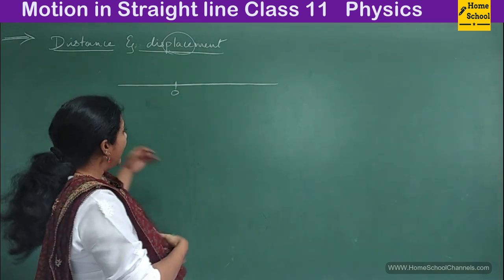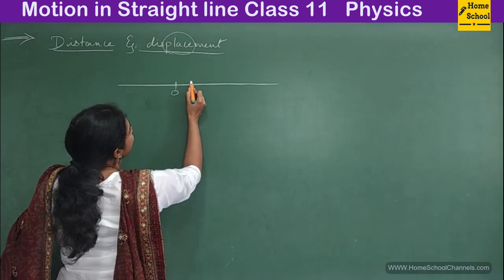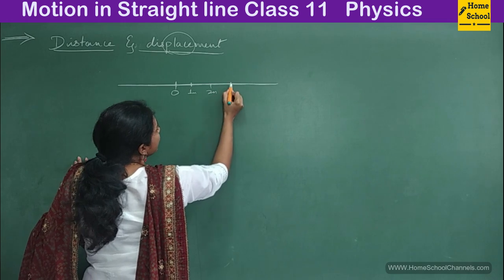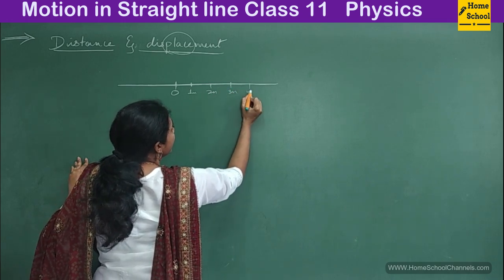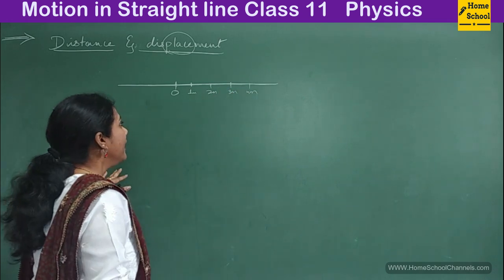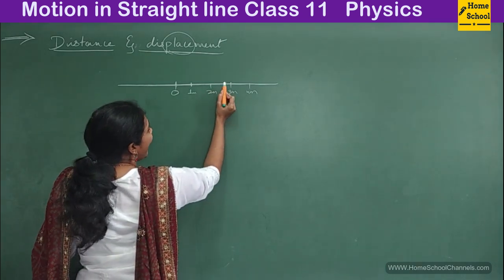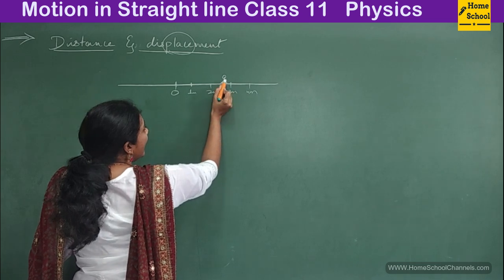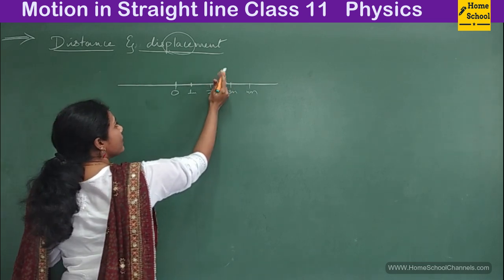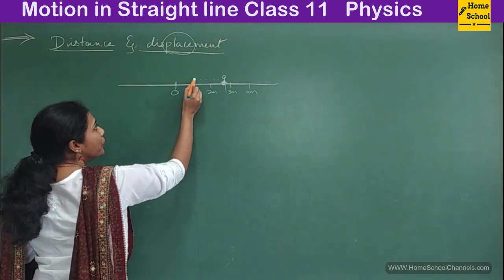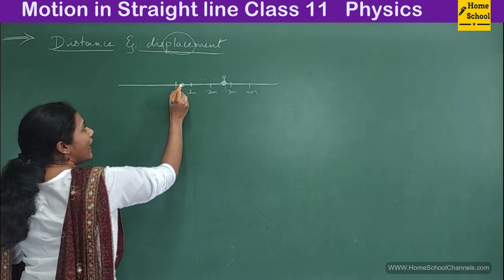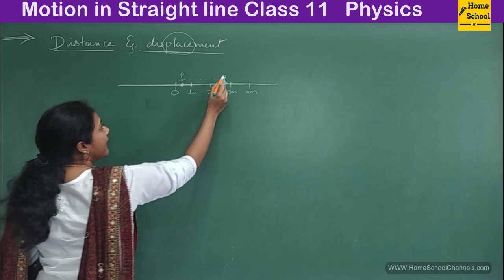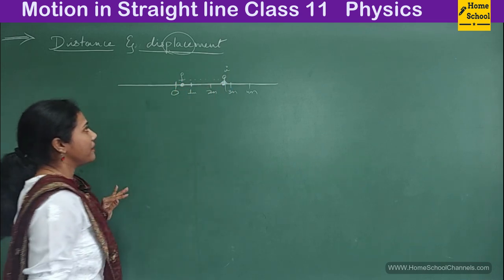This is 1 meter, 2 meter, 3 meter, 4 meter, and so on. And I am here. I moved backwards and I came here. This is my final position, and this is my initial position.